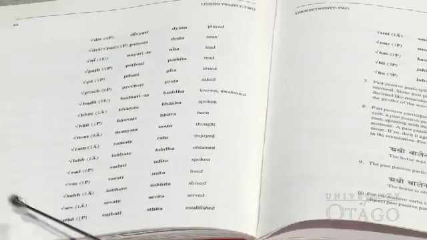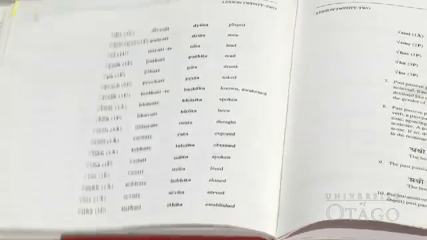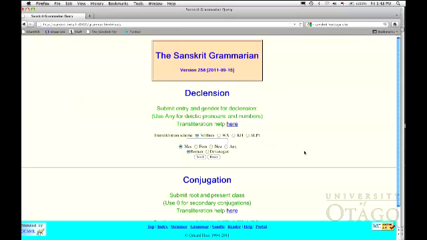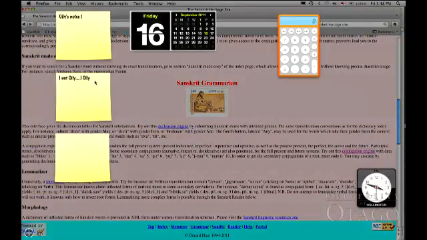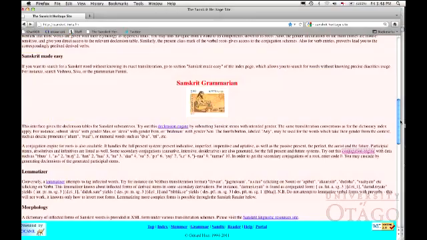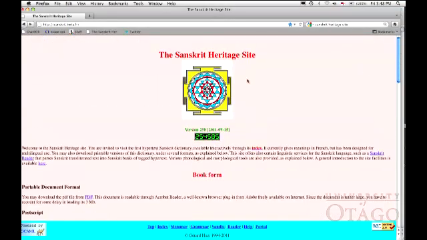There are more on pages 68 and 69. You can see from the list of verbs here, or you can find it on the website I've shown to you, the Sanskrit Grammarian from the Sanskrit Heritage site.